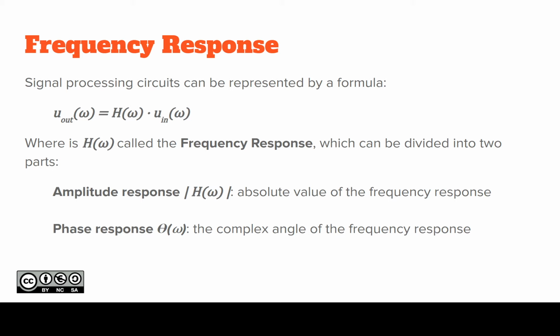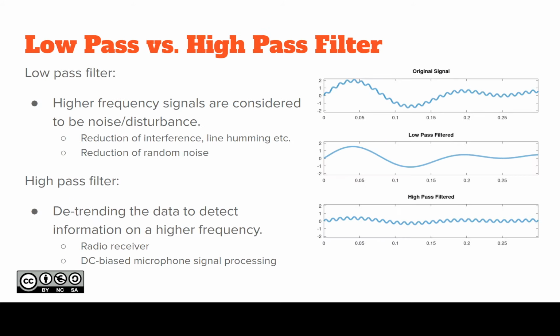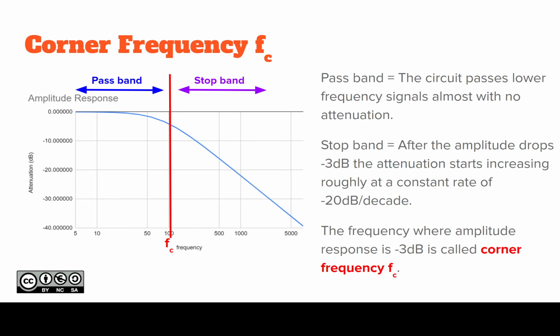So basically the frequency response, you already saw a couple of those. This is a frequency response, one half of it. So basically this is the amplitude response graph showing how any signal is filtered when it goes through the system.